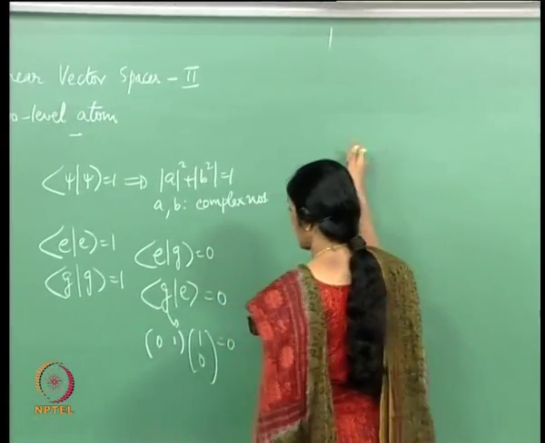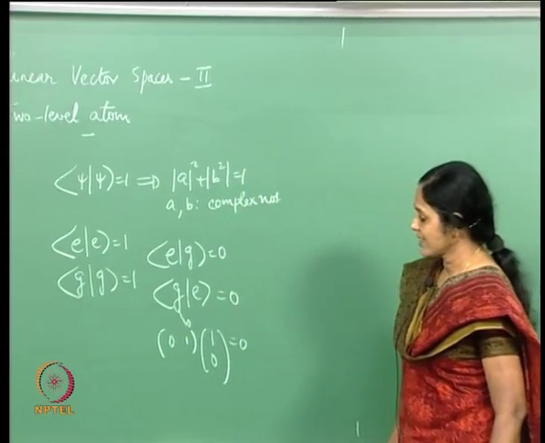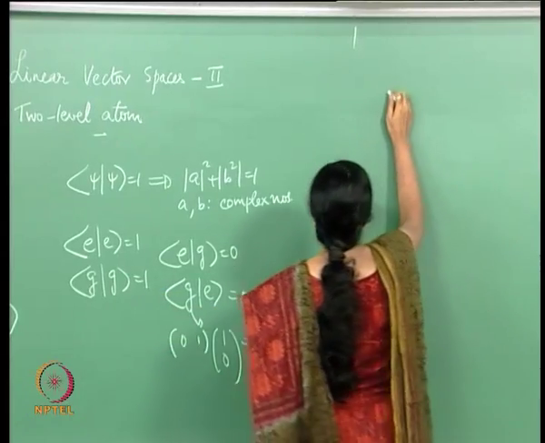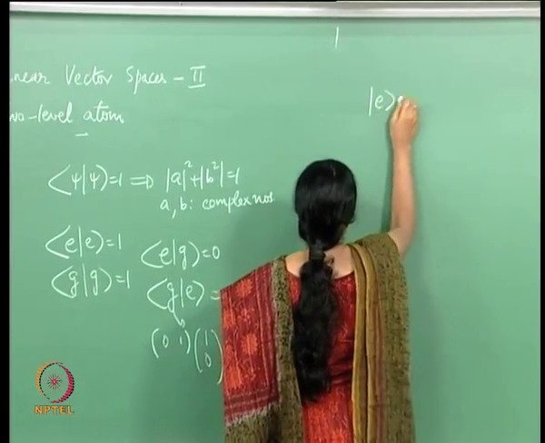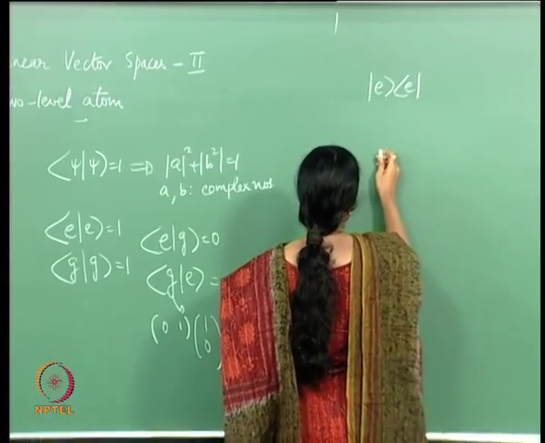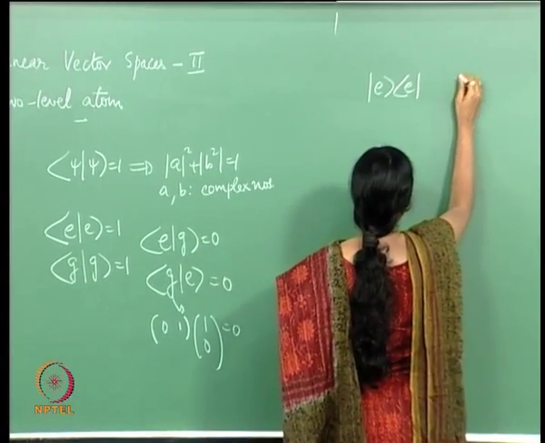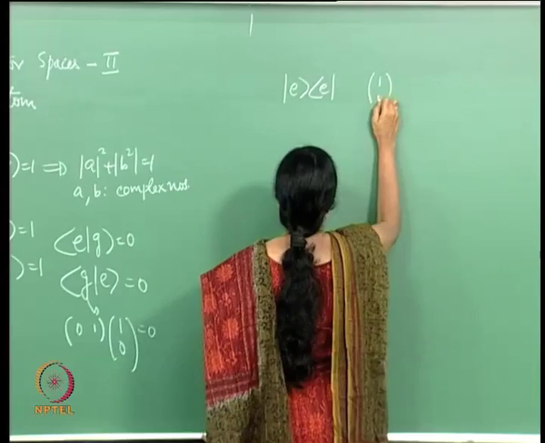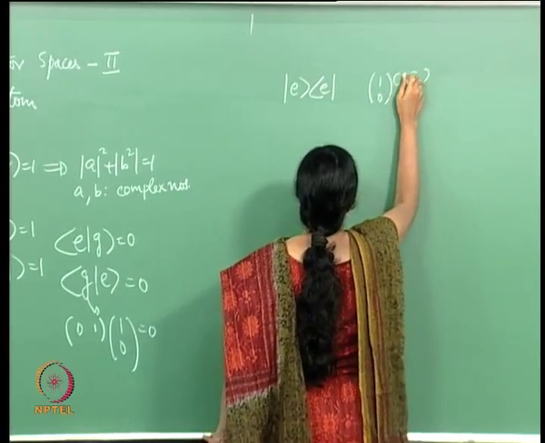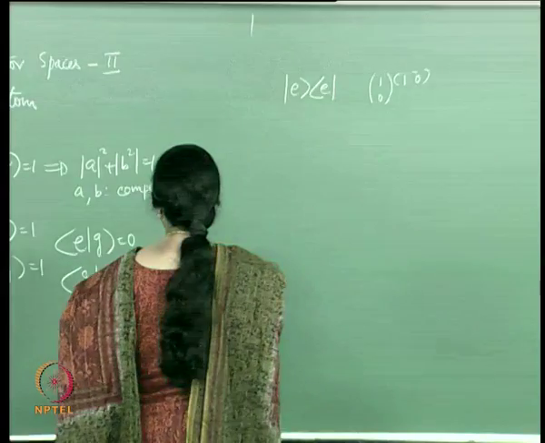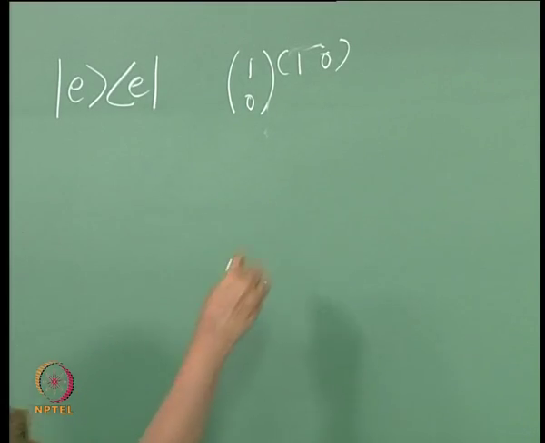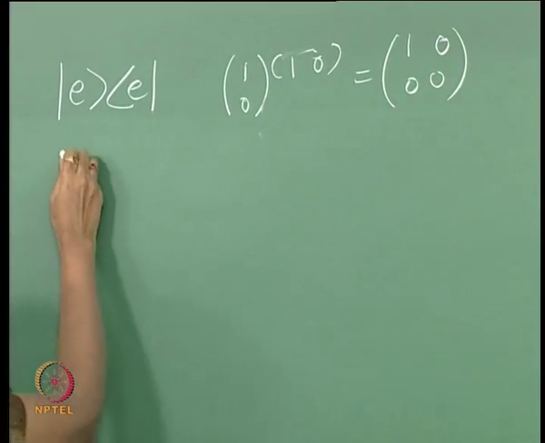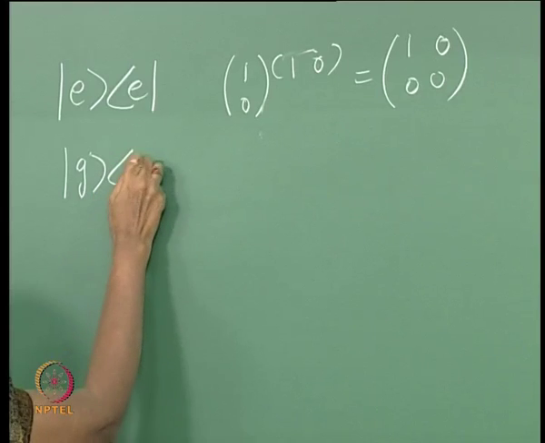Now, having said that, what are the various operators that I can make with these two basis vectors? Here is the list of operators. That is an operator. In matrix notation, this is simply going to be this matrix. Similarly, I can write the other matrices.